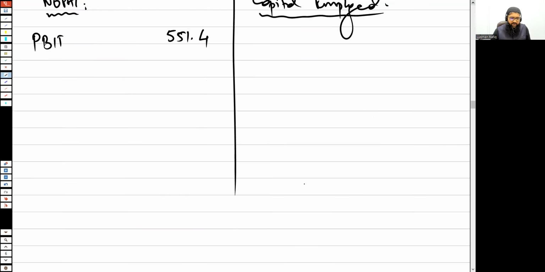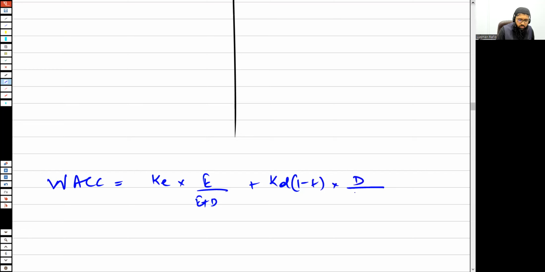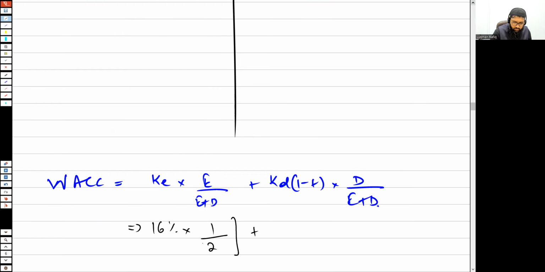So if I try to calculate the WACC in this scenario, it's actually going to be what? The cost of equity is 16%, multiply 1 upon 2, plus the KD.